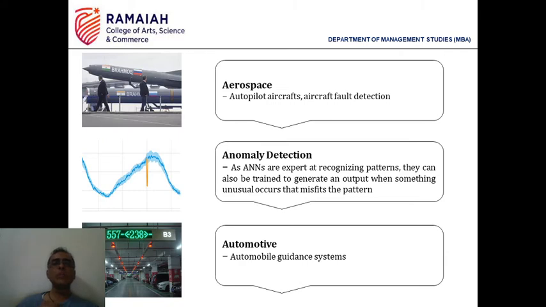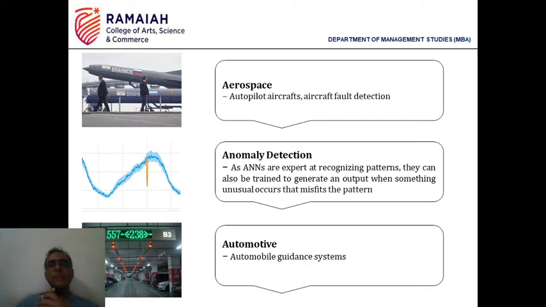This is all used to ensure the enemies don't attack. If you see the BrahMos, such a beautiful image of BrahMos is seen here. Even Abdul Kalam had worked on the Agni and BrahMos missiles, and this is a fantastic weapon which they built so that the enemies don't target us.